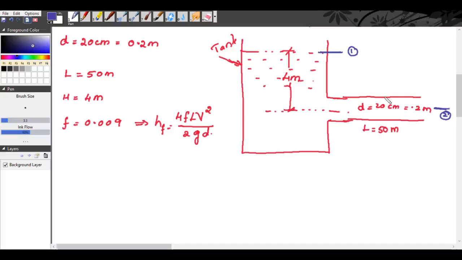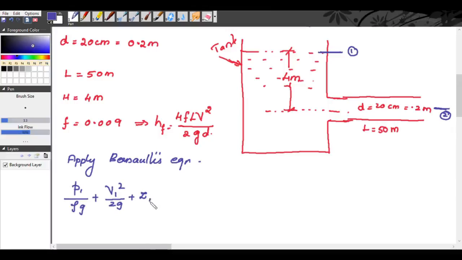So, taking the point 1 on the top and point 2 at the outlet of the pipe, we apply Bernoulli's equation. We get P1 by rho g plus V1 square by 2g plus Z1 is equal to P2 by rho g plus V2 square by 2g plus Z2 plus all losses.